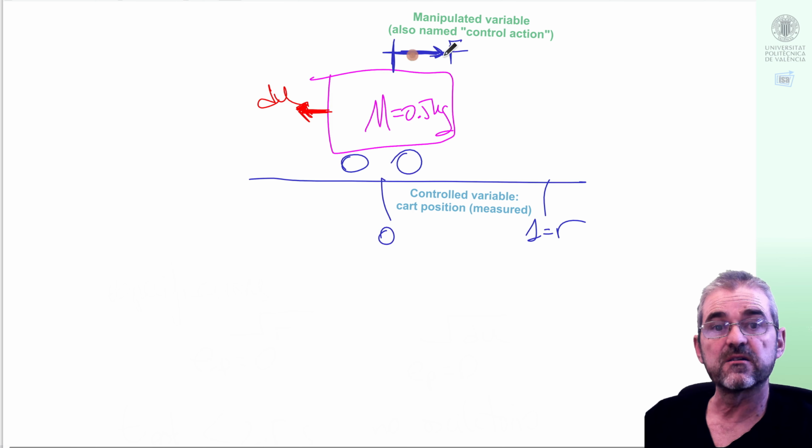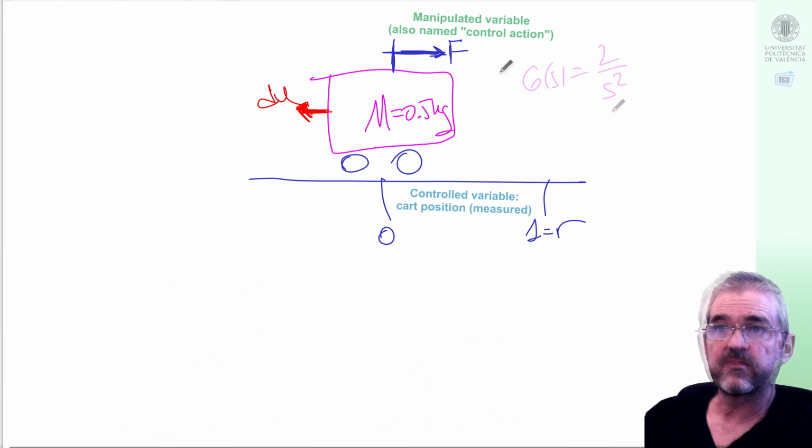So, apart from the force that my PID will compute, I can exert a force that compensates friction. In that case my process transfer function is roughly 2 divided by s squared.